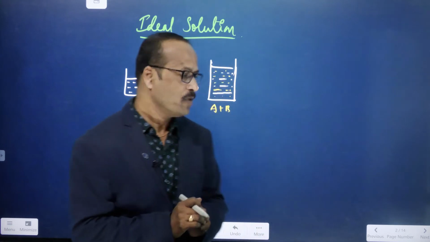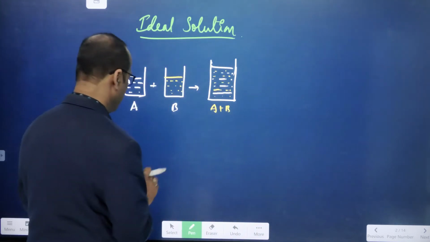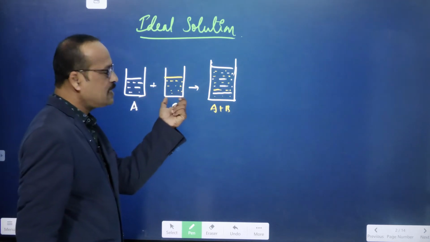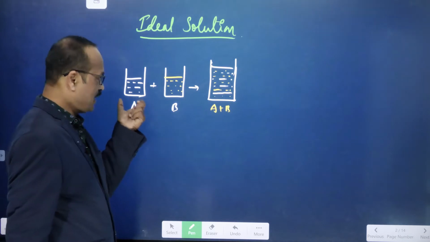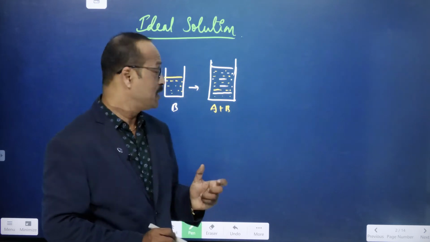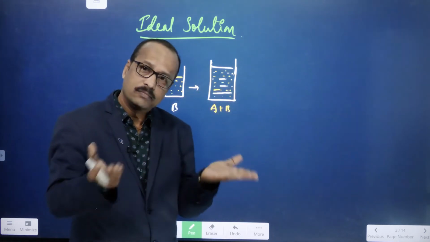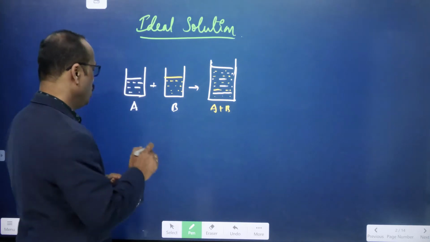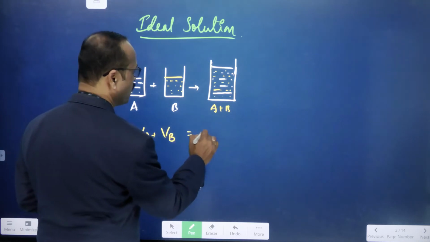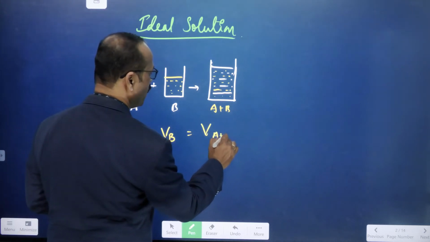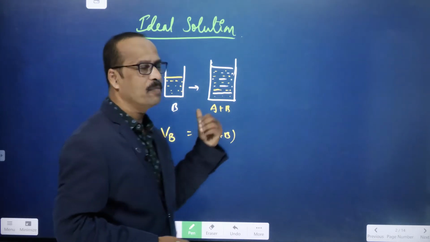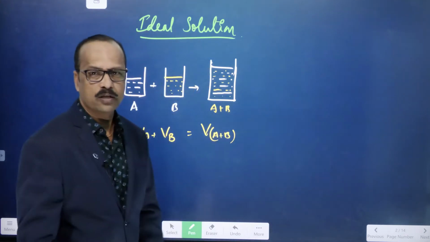For example, if you take 100 ml of A solution and 100 ml of B solution and mix them together, what is the volume of this one? 200 ml. So the volume of A plus the volume of B is equal to the volume of A plus B. Very simple. If we mix 100 ml and 100 ml, we get 200 ml of solution.